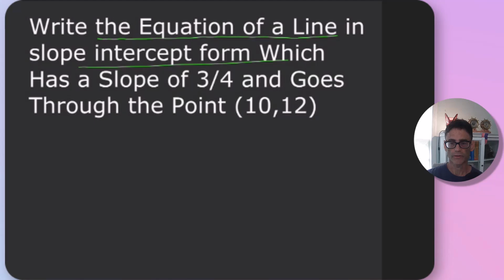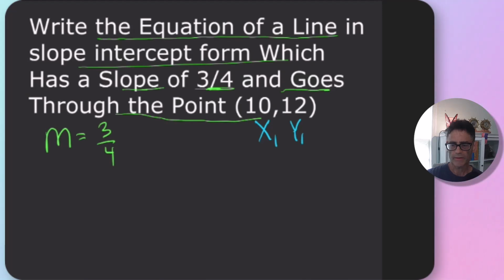There are 2 methods you can use. First of all, I have to keep in mind, what do I have? The slope is 3/4, and remember, we use m to represent slope. I've taken the point (10, 12) and wrote x1, y1 underneath it. Why do I do that? Because there are infinite points on that line, since it goes on forever, so I want to keep track of which point is which.